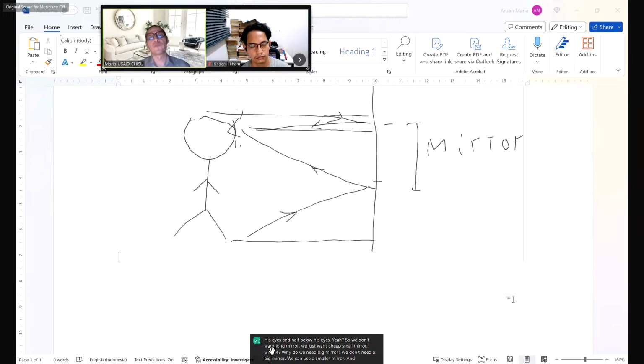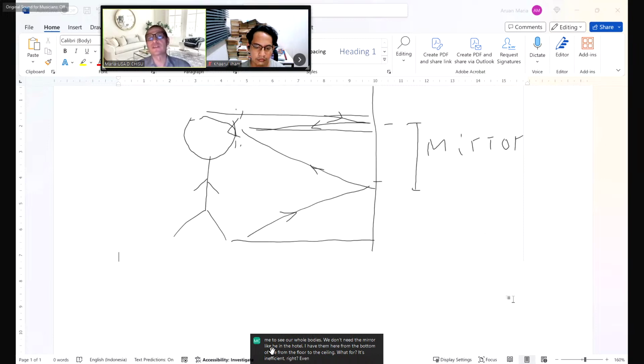And as long as the angle of incidence is equal to the angle of reflection, we can have a pretty small mirror to see our whole bodies. We don't need a mirror like here in the hotel. I have a mirror from the floor to the ceiling. What for? It's inefficient, right?